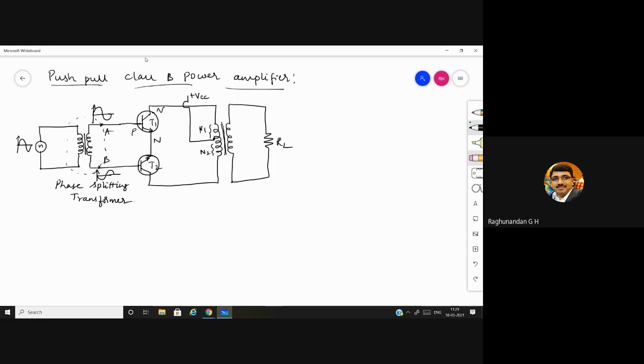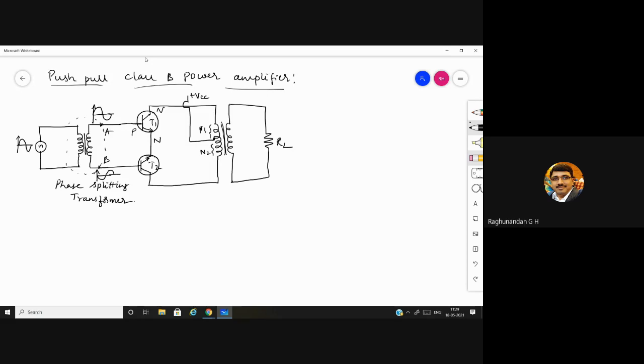Remember always, when you are giving input to a positive base, that means the P layer base, your input should be positive only. If you are taking PNP, then only when your input is negative will your transistor turn on. This is the change you should remember.